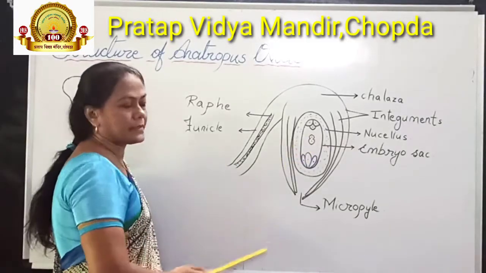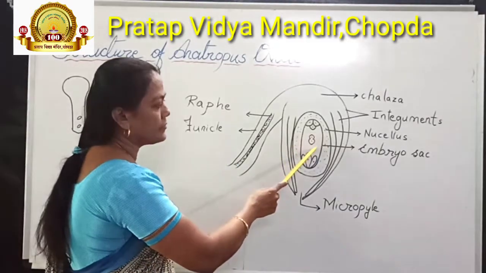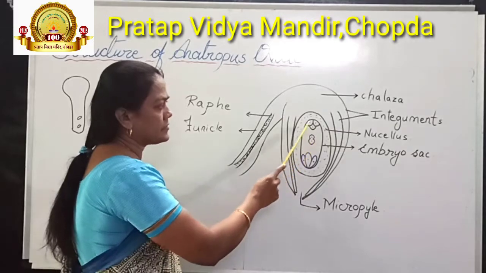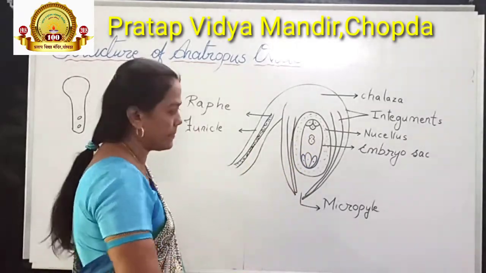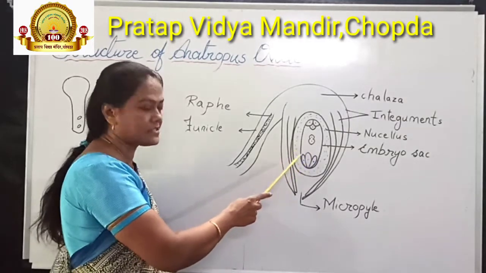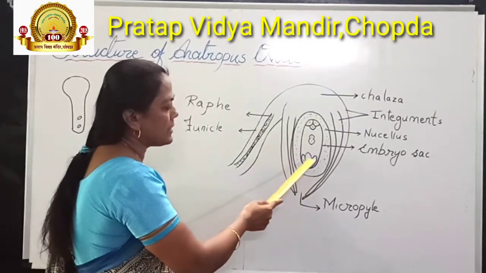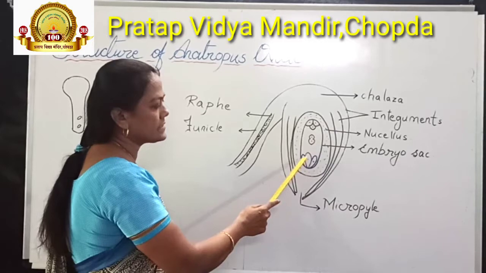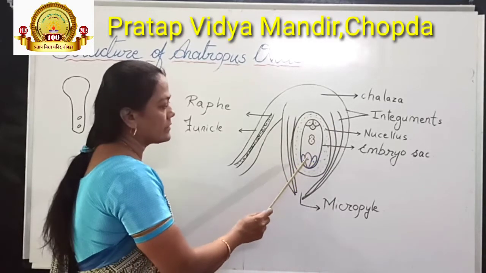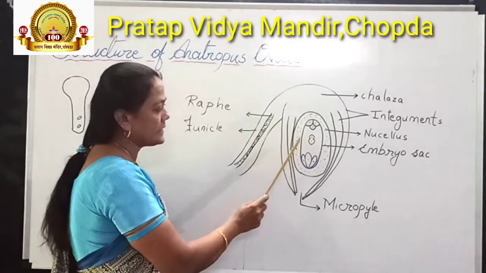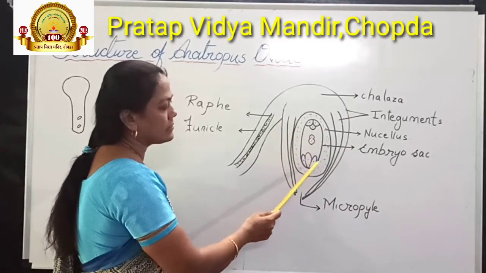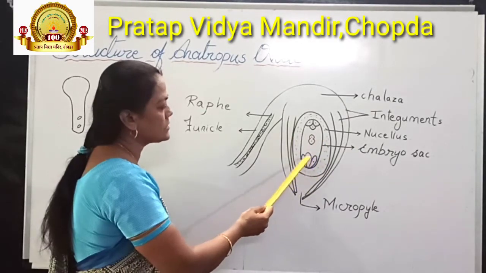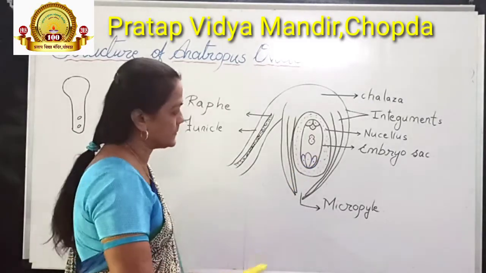The embryo sac consists of a total of 7 cells and 8 nuclei. Now how is this 7-cell structure? Towards the micropylar end we can see 3 cells. The middle cell is the egg cell and the two at the side are called synergids.